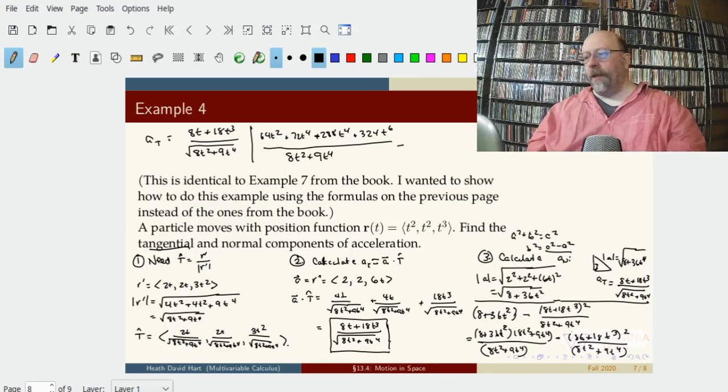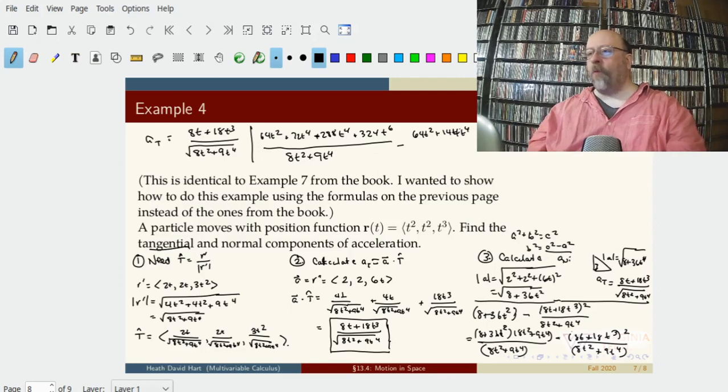Minus. Now we have to FOIL this out. First times first is 64t squared. Outer is 8 times 18, which is 144t to the fourth.